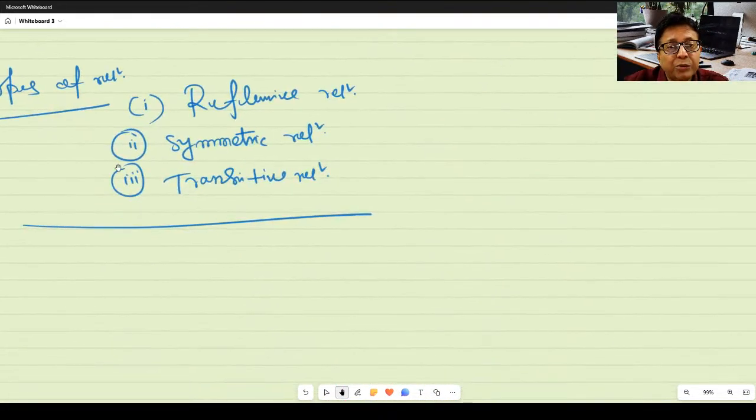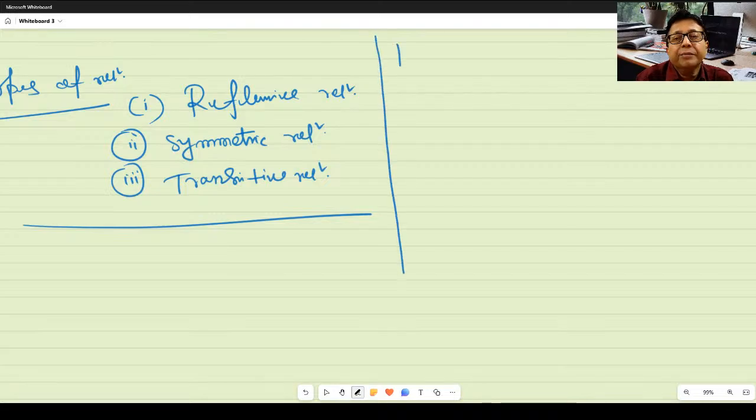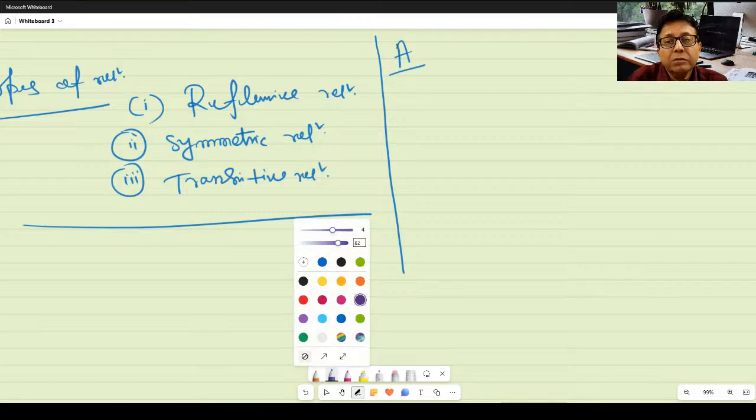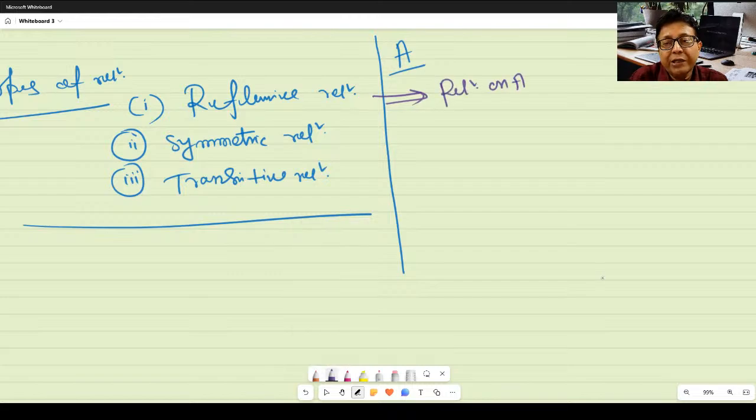But mainly I told you, I am going to discuss this. We are taking the set A only. A may be any set, not a void set. Then a relation R on A is reflexive if, under what condition reflexive?